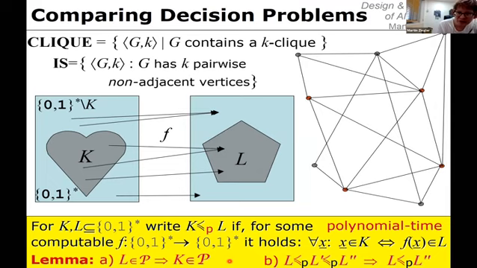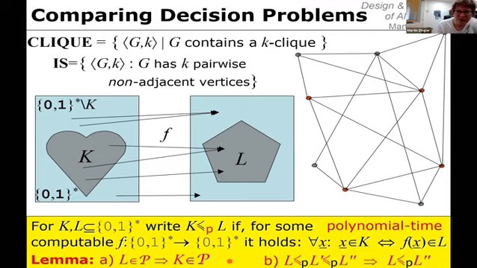Again, we consider some input x for the first decision problem L and a polynomial time reduction, a function that converts this x into some y, an abbreviation for f of x. As we've just observed, in a polynomial number of steps, an algorithm can output only a polynomial number of bits, which means that the output length of this translation must be at most polynomial in the input length.